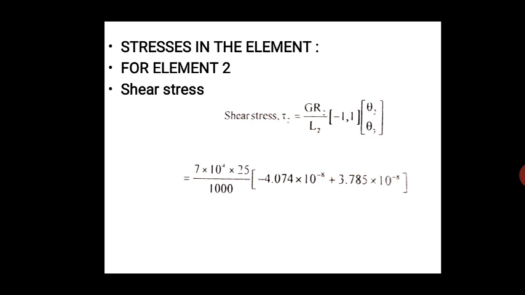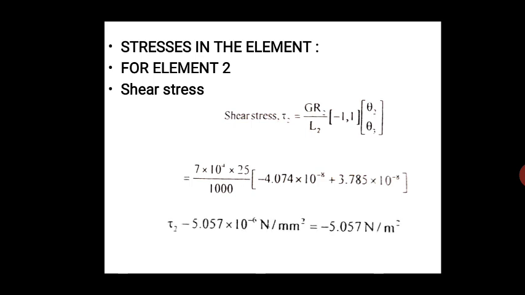Therefore the equation can be written as 7 into 10 raised to 4 into 25 divided by 1000 into minus 4.074 into 10 raised to minus 8 plus 3.785 into 10 raised to minus 8.